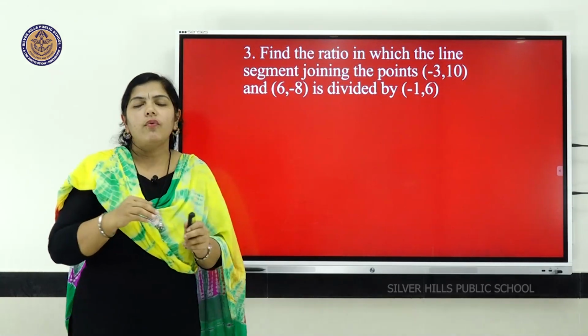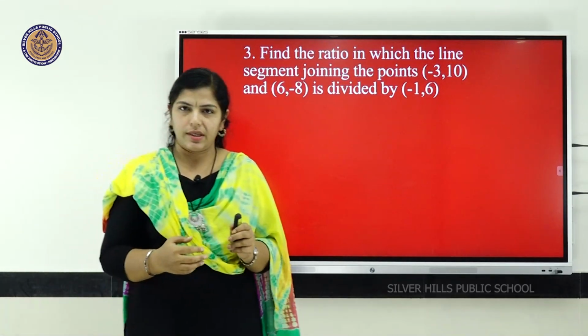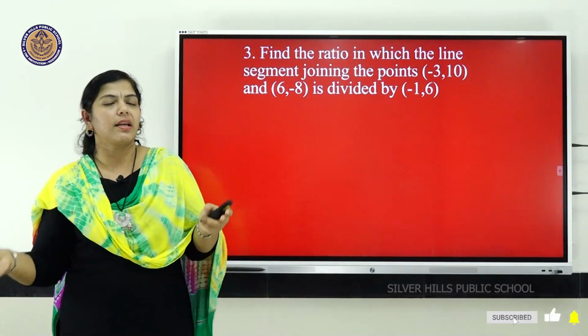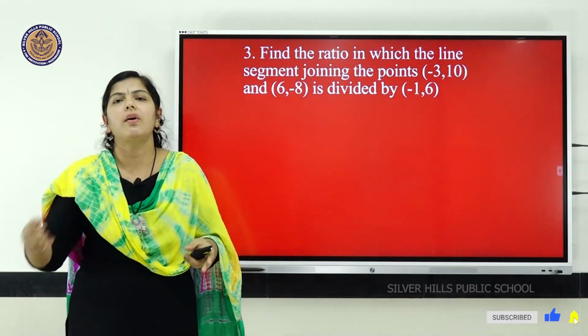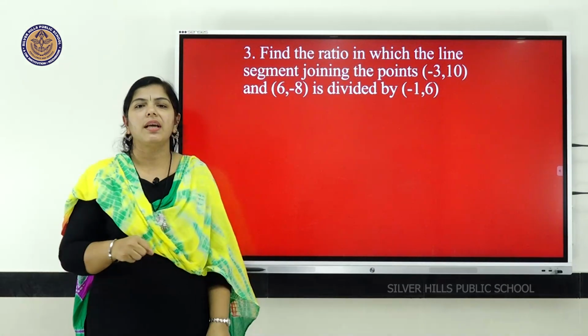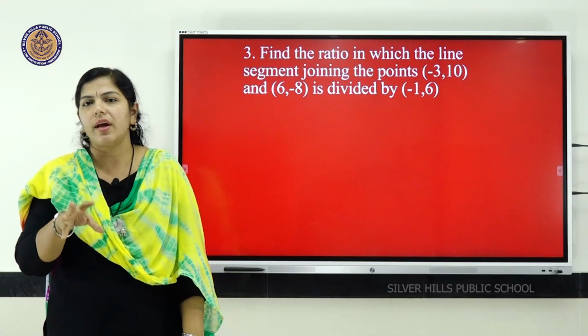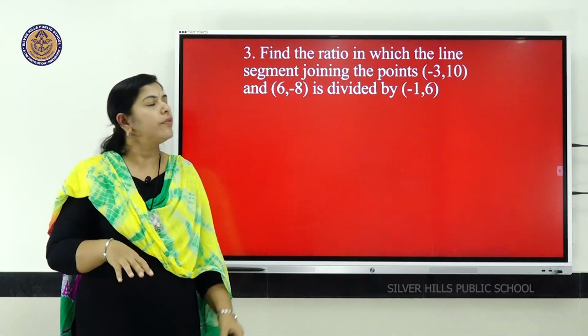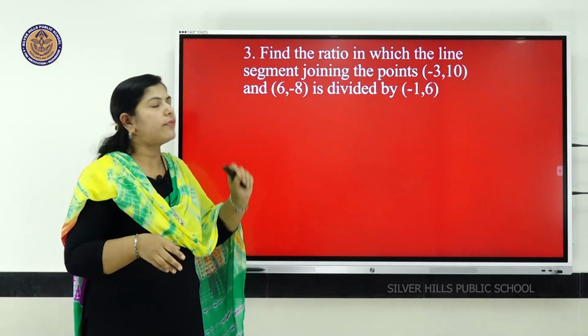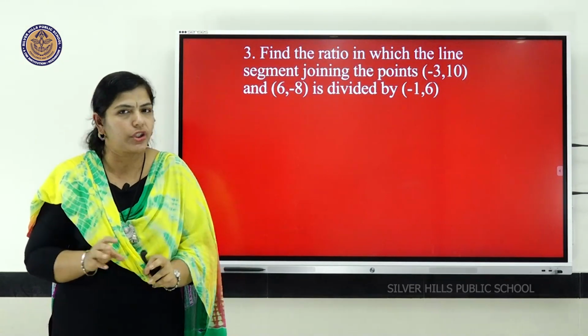Now, till now we found the point of division using the section formula, with the ratio given and the two end points given, we just found the point of division. Now, in the next question, here the ratio we have to find. Ratio we have to find, and you are given the end points as well as the point of division.